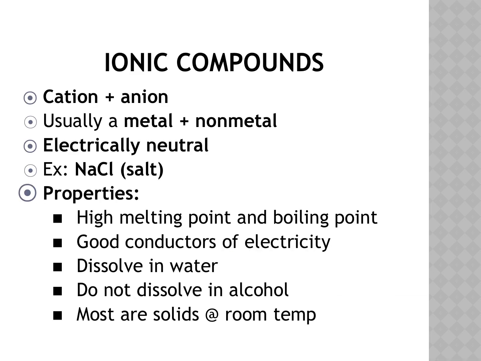Okay. Our other type of compound, they're called ionic compounds. What word do you see in ionic? Good. Ion. Okay. So ionic compounds are formed when ions join together. And specifically, one cation bonds to one anion.